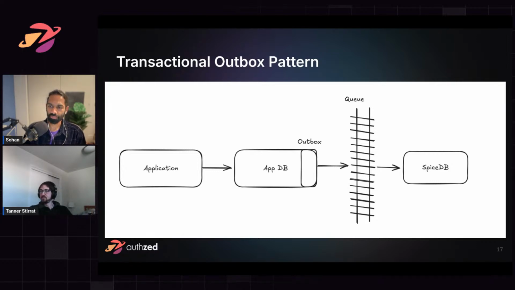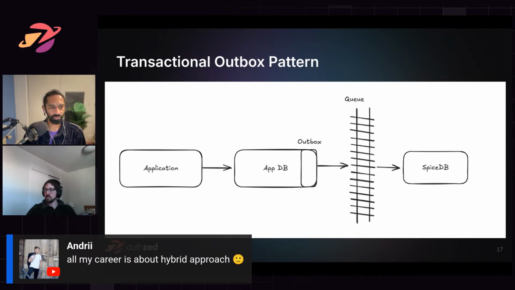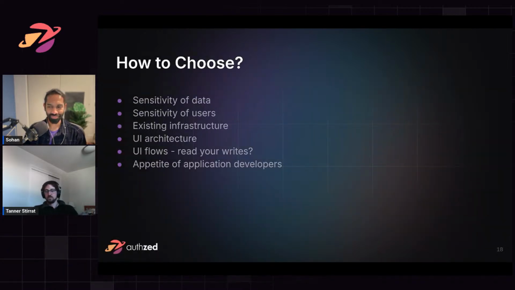Nice. Yeah. So anyway, which one to choose? We talked a little bit about some of this, and the broad answer is it depends, but there are some things that you might want to think about. One is the sensitivity of your data and the sensitivity of your users.